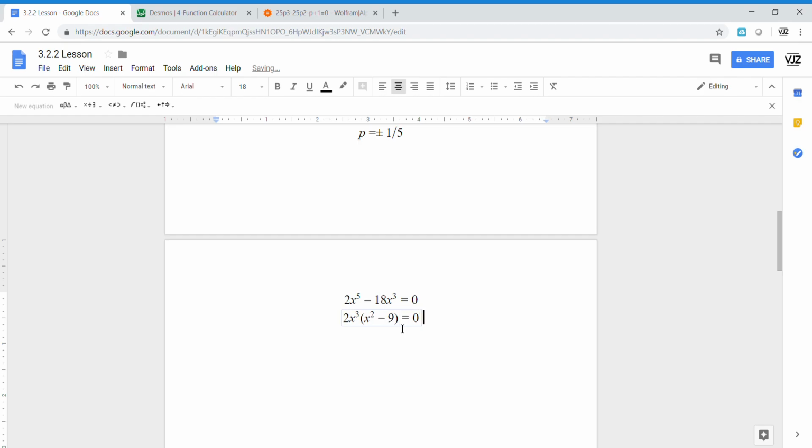Yay! Very easy. This could just take you 10 seconds if I didn't have to type all this. 2x to the third equals, actually it equals 0 3 times because it should just equal 0. But since 0 doesn't have any other roots, we'll just count it 3 times. You'll see at the end what I mean.